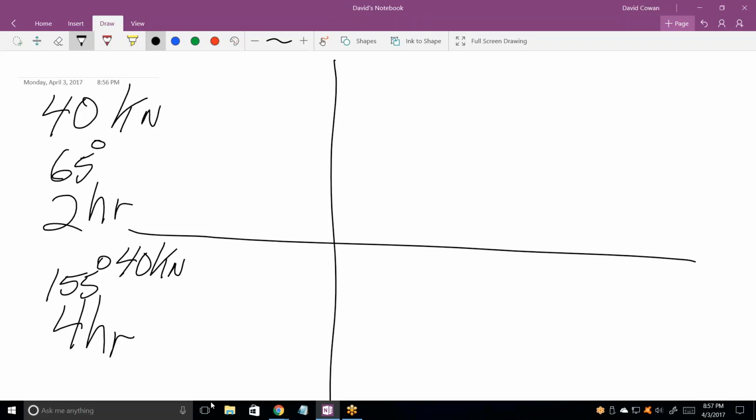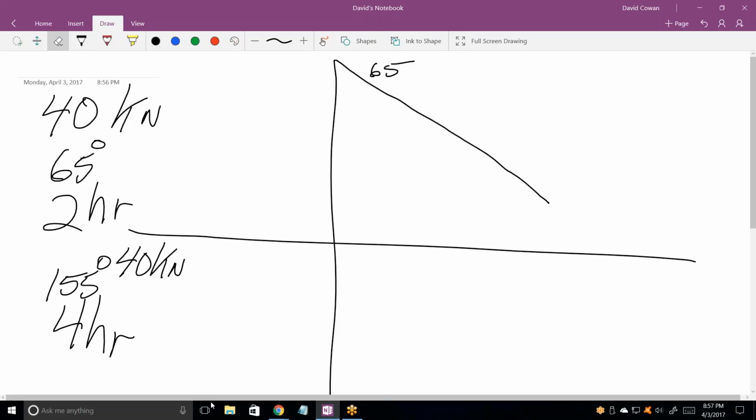Well, 65 degrees. That's the angle from north. So that's this angle right here, I believe, is it not? No, it may be this angle here. It's going up from the origin. The 65 degrees would start at the origin and go diagonally.